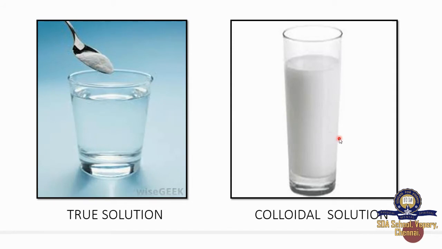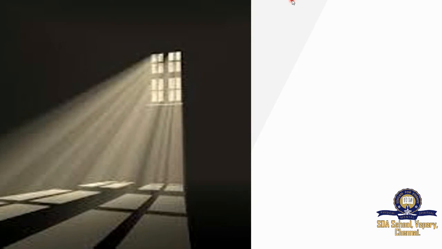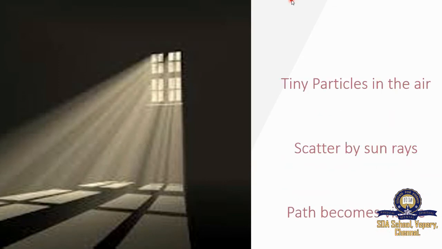And the next important property to distinguish between true solution and colloidal solution is something which you would have observed in a dark room. Yes, if you have a dark room and open the ventilator or a small window, you would have seen the path taken by the light rays. This is because of the tiny dust particles in the air, right? As the sun rays strike these dust particles, the light rays scatter.